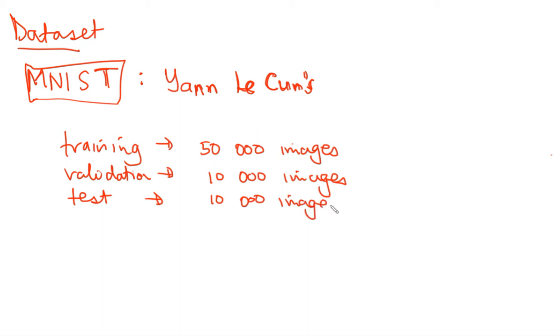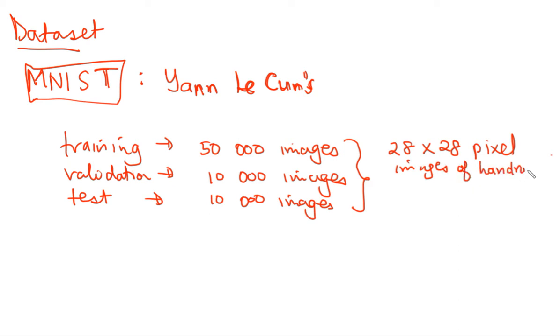Someone will be asking, what type of images are these? So these images are 28 by 28 pixel images of handwritten digits. Those digits are going to be in a 28 by 28 box like this.